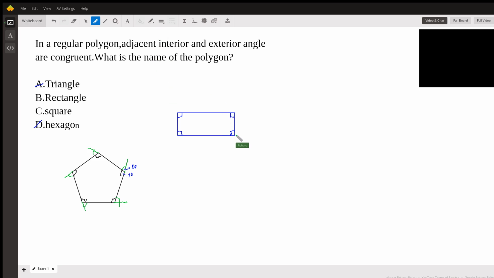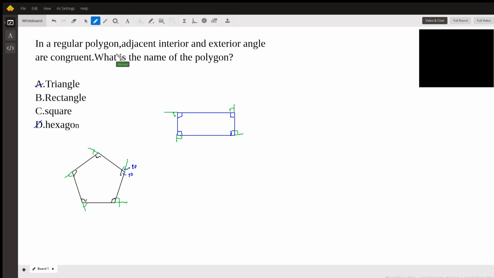So just going to extend this and extend this and extend this and extend this. You can see the exterior angles in green here are also 90. And so this satisfies the condition that the exterior and interior angles are congruent.